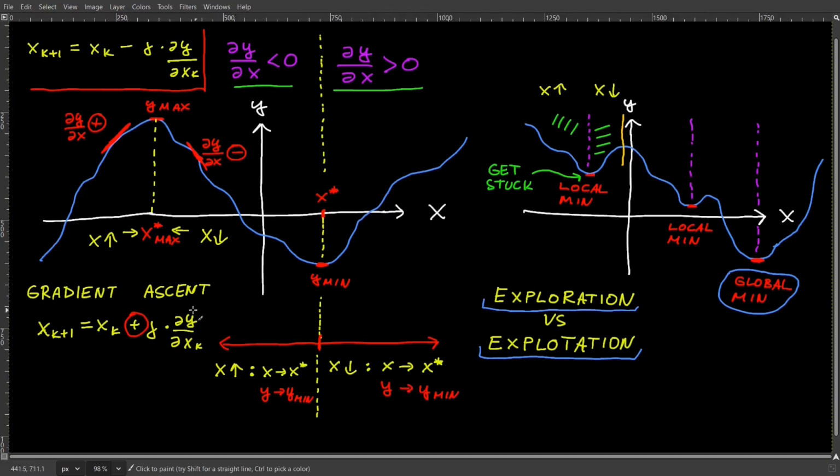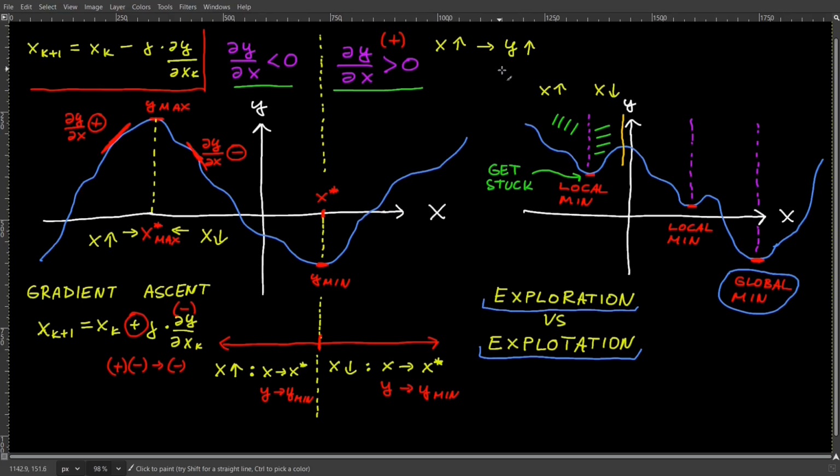When your derivative is positive, you will have a plus sign here, then your x will increase, and when your derivative is negative, then plus and minus will give you a minus, so your x will end up decreasing, getting closer to x star max. It all makes sense because when you have a positive derivative, that means that increasing x will result in increasing y.